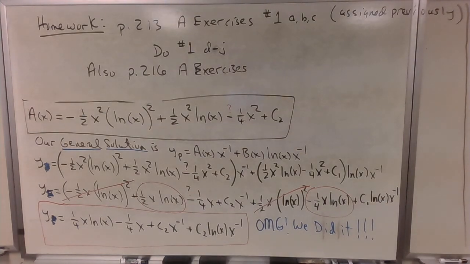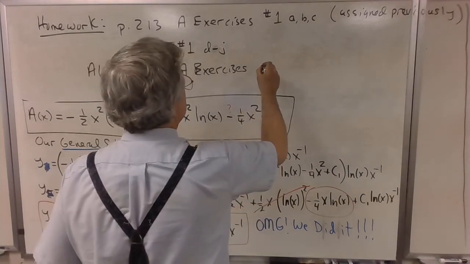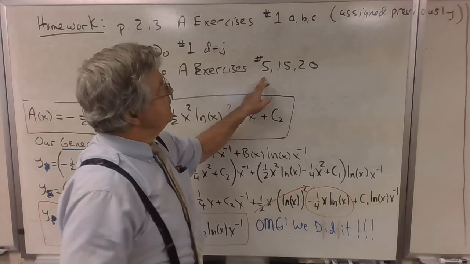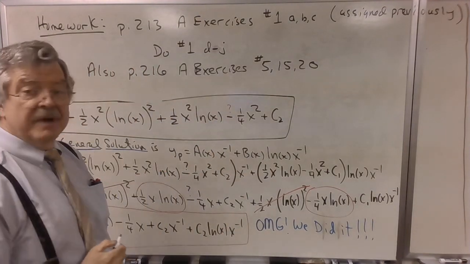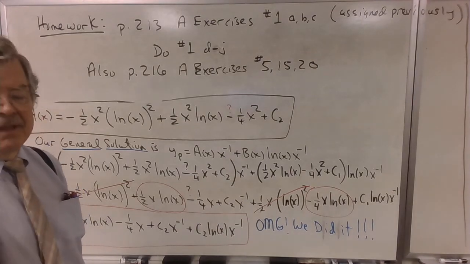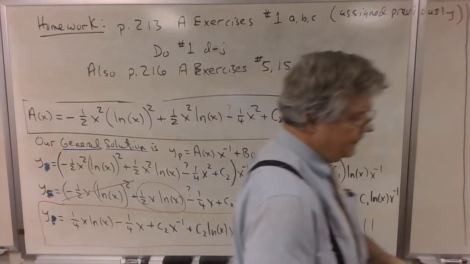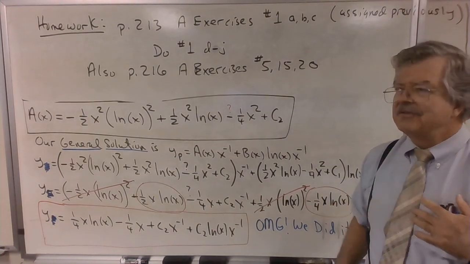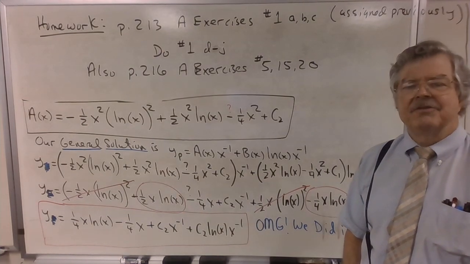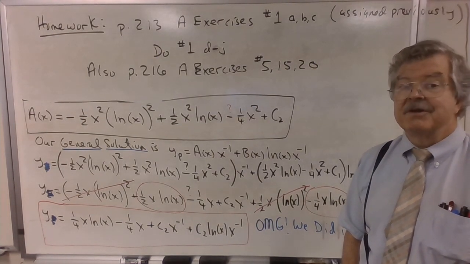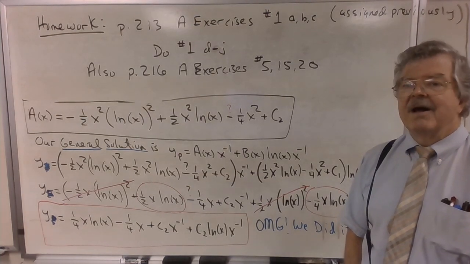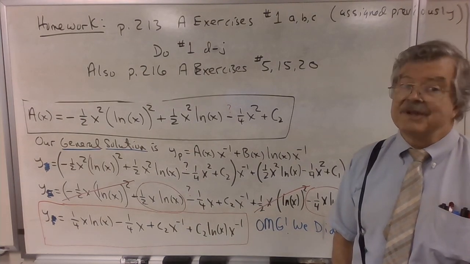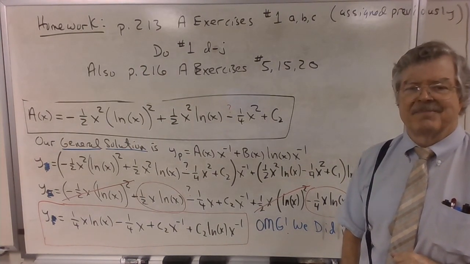Five, 15, 20. These specifically are Euler equation exercises. Work on those. I do have some good news. This is going to be the end of the new material for the course. Nothing new for the rest of the course other than to prepare for test 3 and the final exam.